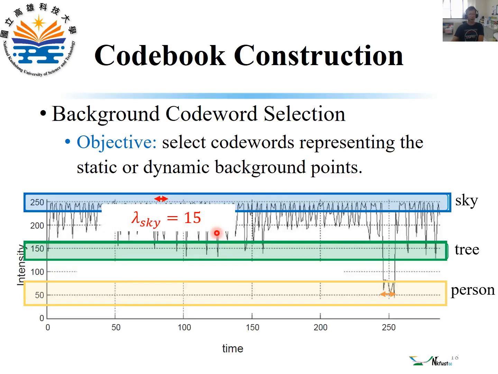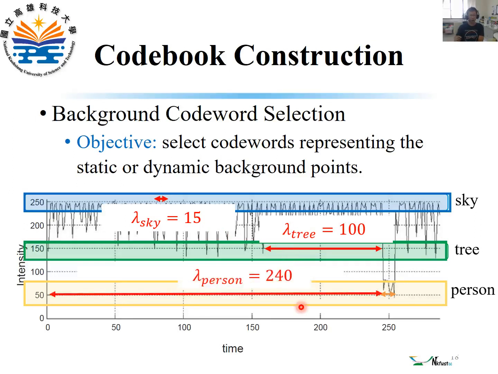Sky points appear most of the time, and its cohort has a very small lambda, about 15. Tree points appear quasi-periodically, and its cohort also has a small lambda, around 100. However, the lambda of the cohort for the person's body is large, about 240.